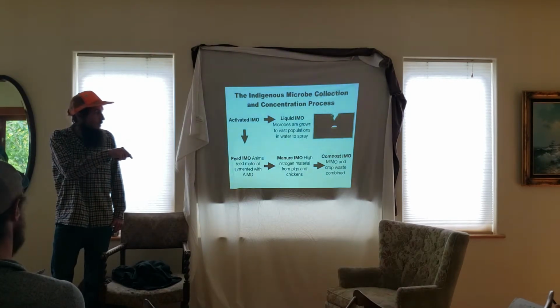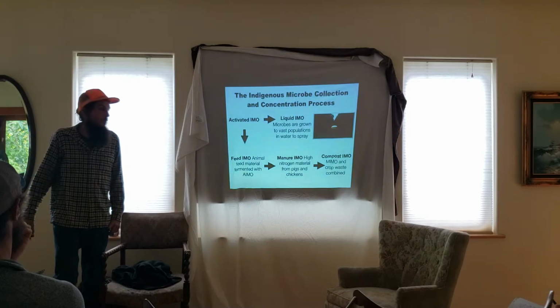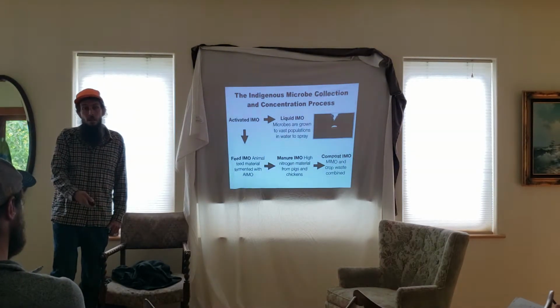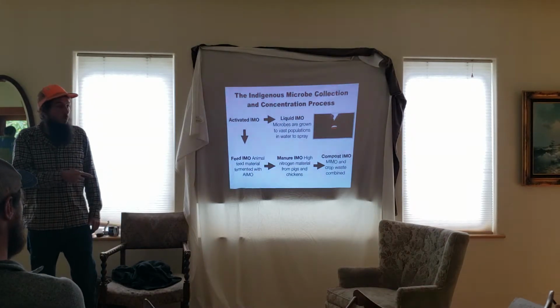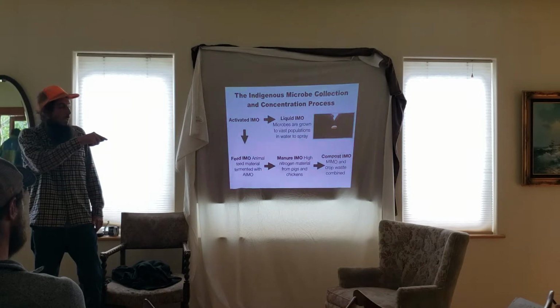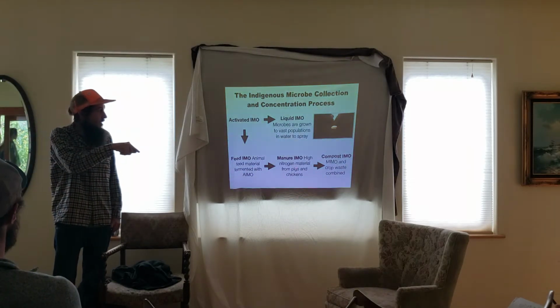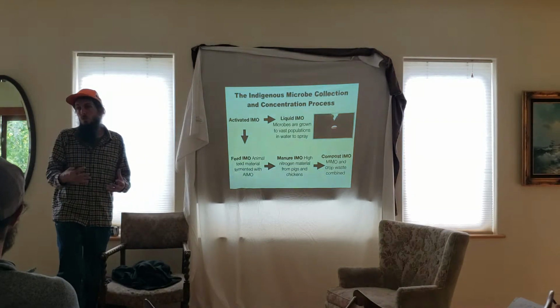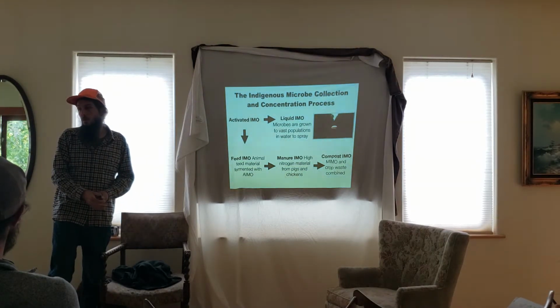This route of going the compost way is, if you have large volumes of stuff, you want to compost it anyway. The only difference from a typical compost is that if you mix in the activated IMO, about 10 to 20% of your compost being the activated IMO, you're now getting your soil-tuned microbes in there as well.